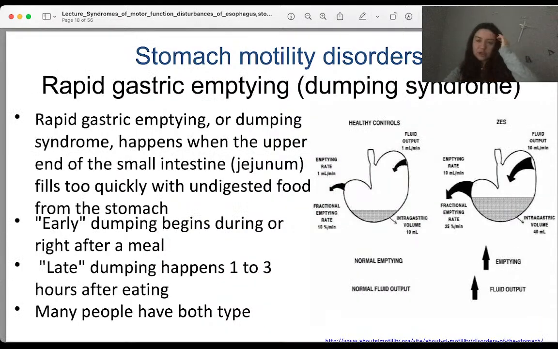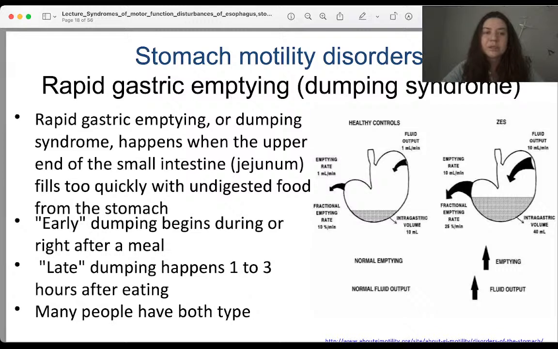And the opposite situation, if it was too low, emptying of stomach. Here it is a rapid gastric emptying, or another name of this disorder I told you, it is dumping syndrome.